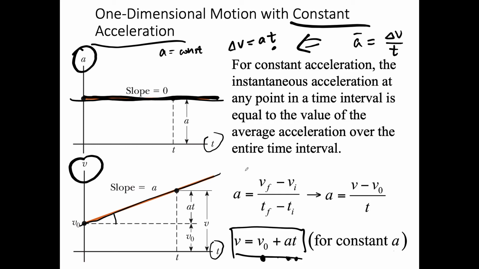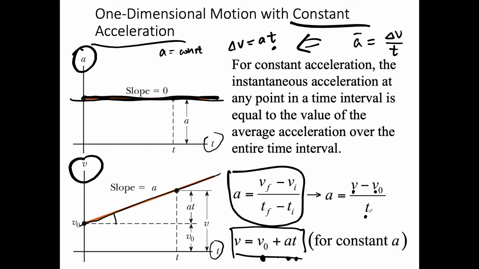And it's derived. Let's start from the definition of acceleration. This equation is the definition of acceleration, and we just rewrite it with final velocity, initial velocity, and time interval.